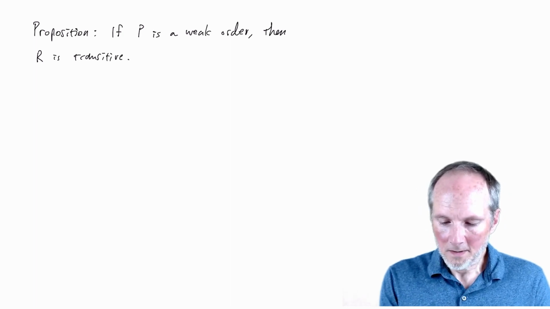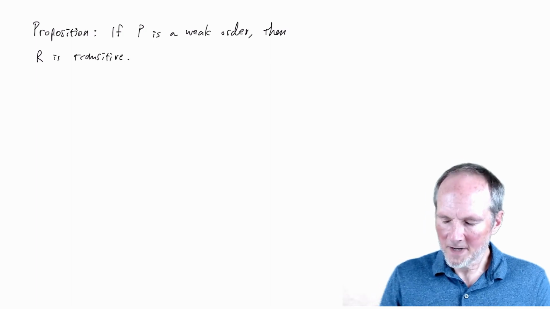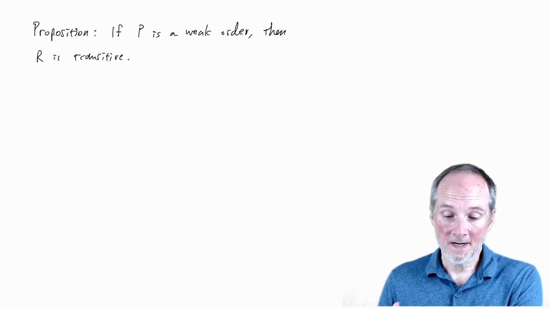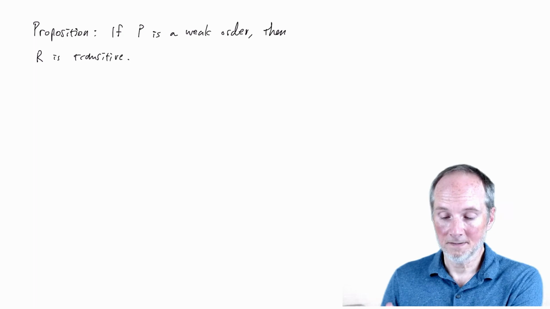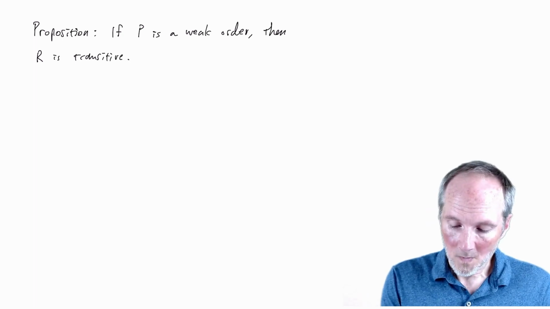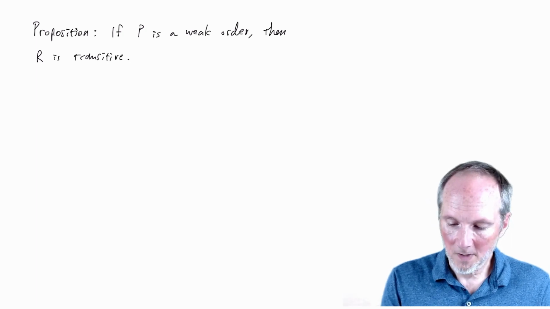So, if you think about it in terms of ranking, it should be pretty clear. If X is at least as high as Y in the ranking and Y is at least as high as Z, then X must be at least as high as Z. I think just to save time, I won't go into the details of that proof.